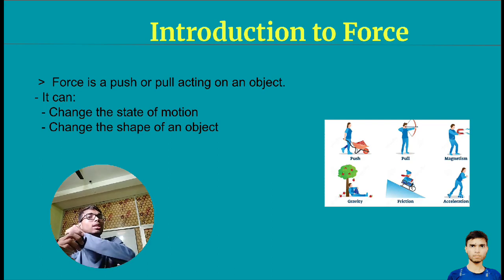This is what can happen when we apply force. So here we are changing the speed of a moving object. We can stop a moving object. We can change the state of an object into motion. Clear? This is what will happen when we apply force.